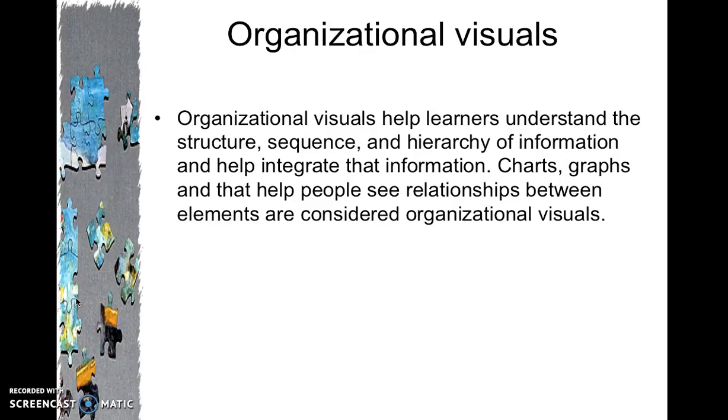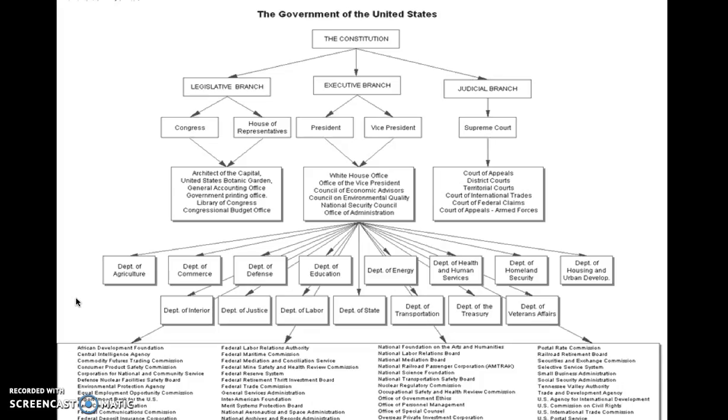Organizational visuals help learners understand the structure, sequence, and hierarchy of information and help integrate that information. So things like charts and graphs help people see relationships between elements, and they're considered to be organizational visuals. So something like this is an organizational visual. What I talked to you about before, in terms of the branches of government, this is what that would look like.